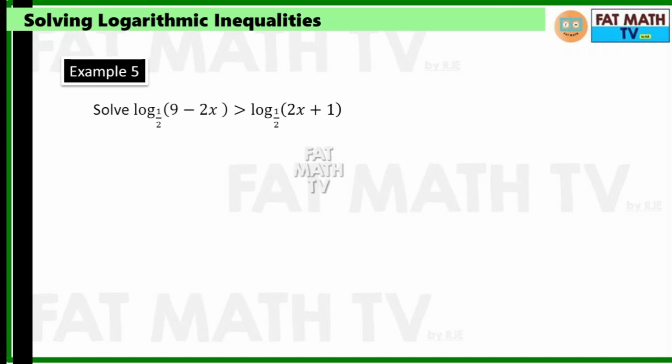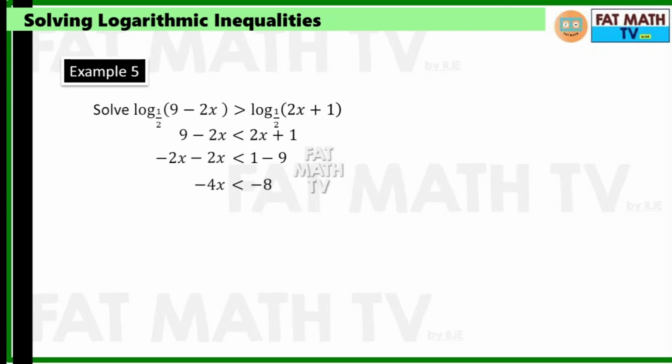So instead of greater than, you will have 9 minus 2x is less than 2x plus 1. Put 2x to the left, put 9 to the right, you will have negative 2x minus 2x is less than 1 minus 9. Negative 2x minus 2x is negative 4x. Less than 1 minus 9 is negative 8.